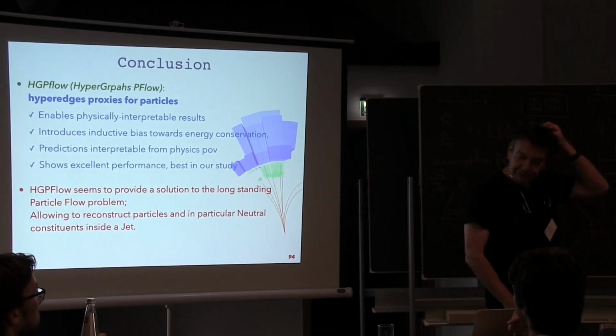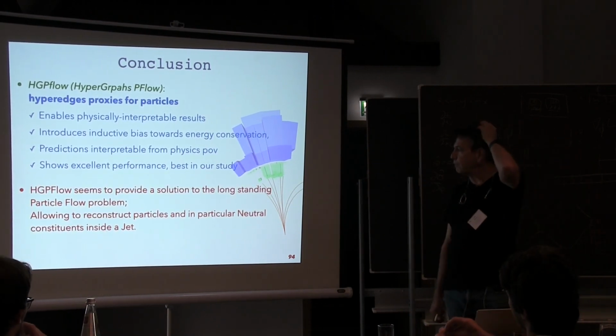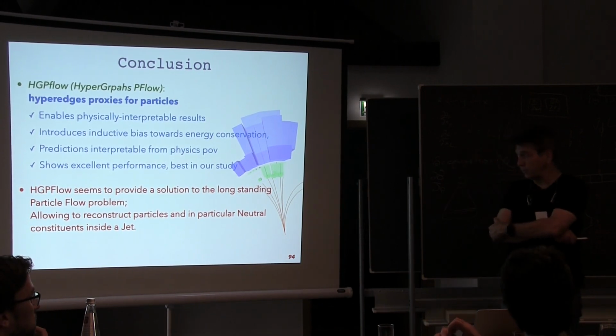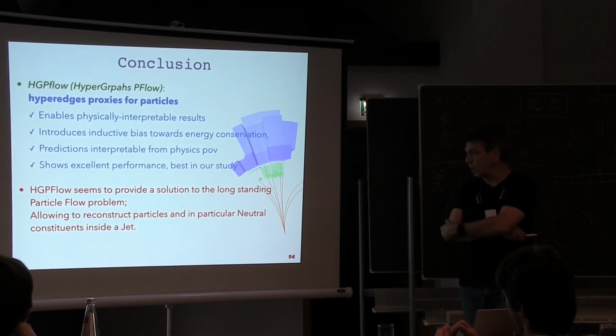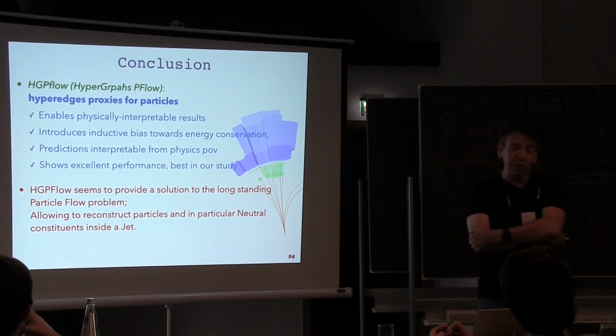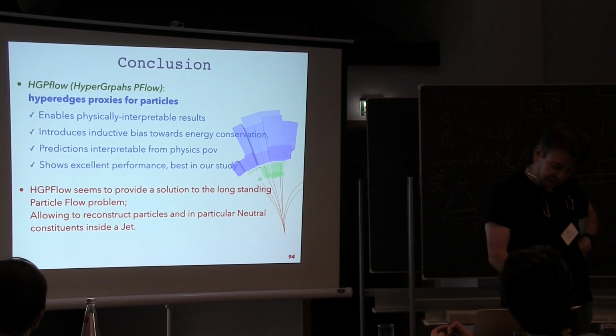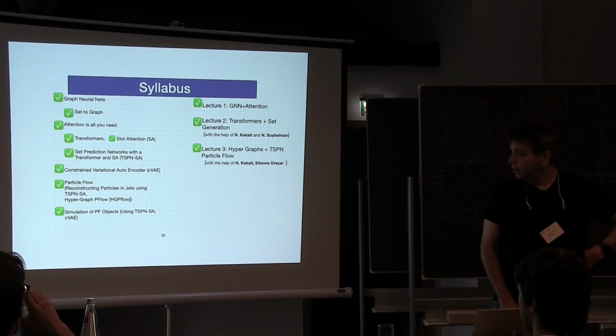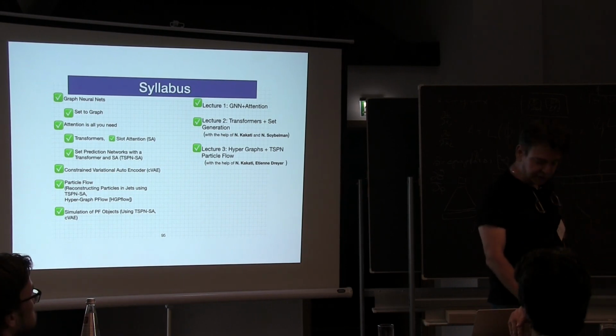I need another 2 minutes. Second, hypergraph flow seems to provide a solution to the long-standing particle flow problem, the first time we see it, allowing us to reconstruct particles inside jets, and in particular it deals with neutral particles, which we didn't believe one can do, which was amazing. So I covered the whole of the syllabus, and I finished my 3 lectures.